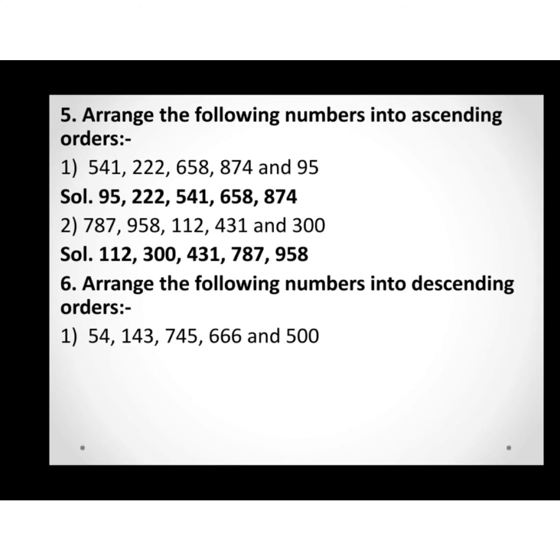As 7 is the biggest digit, 745 is the biggest number. Then the biggest one from the remaining 3 numbers is 666. So, in this manner, you will find this answer: 745, 666, 500, 143 and 54.